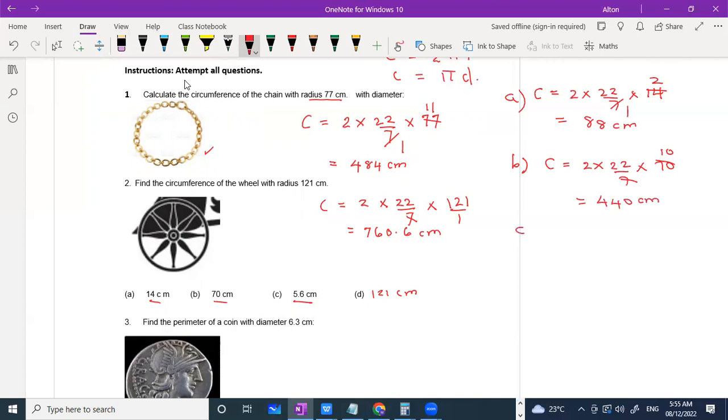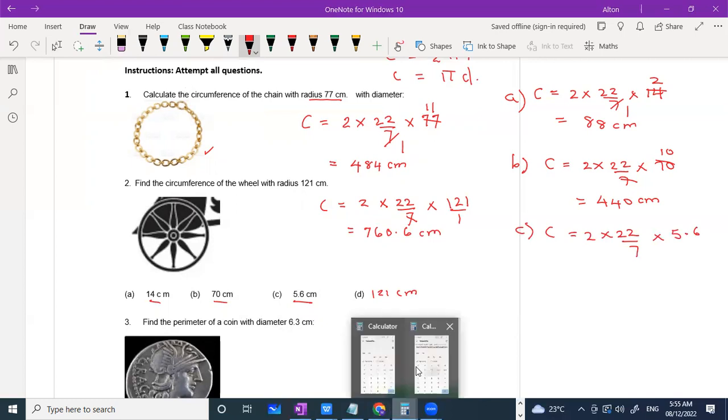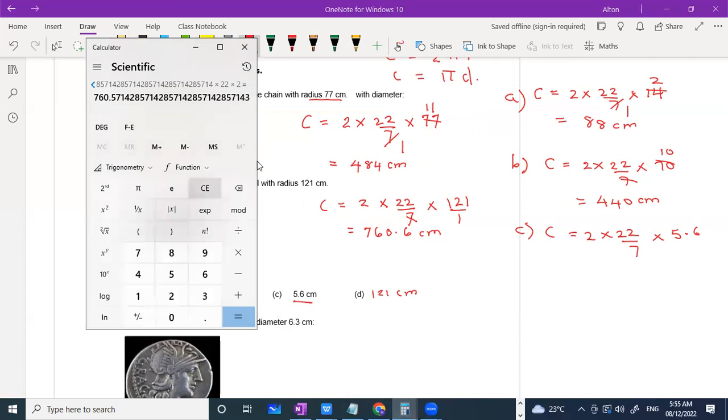Let's go to part C. If it is 5.6, circumference here would be 2 multiplied by 22/7 by 5.6. Okay, so let's use our calculator here to help us out. Let's first divide the 5.6 by 7.